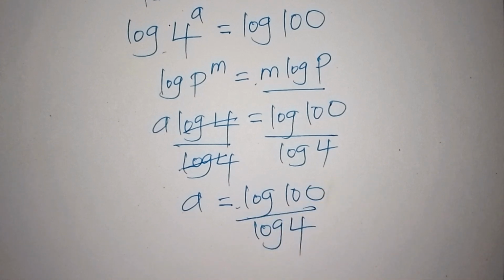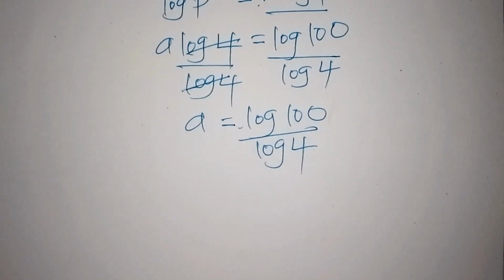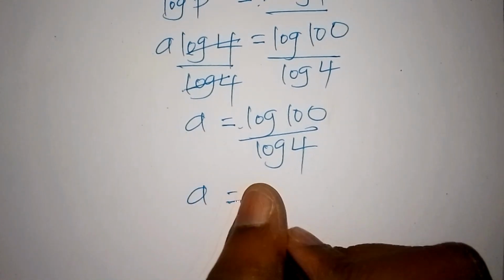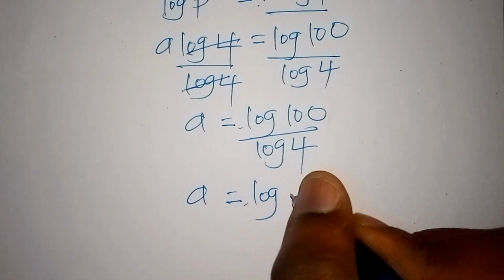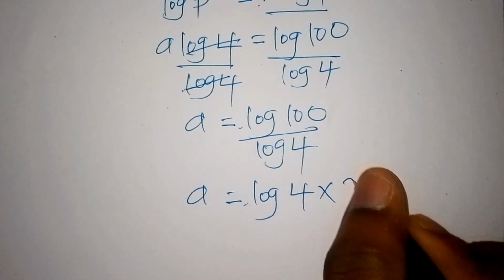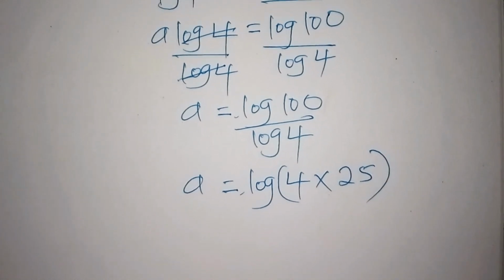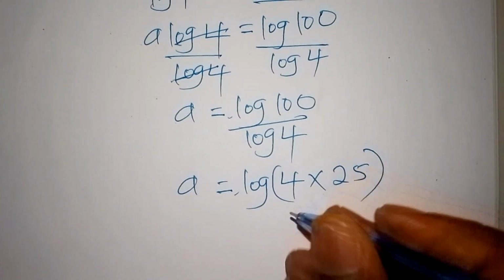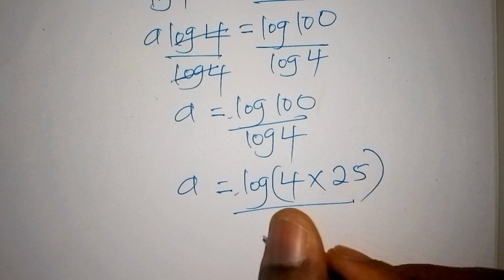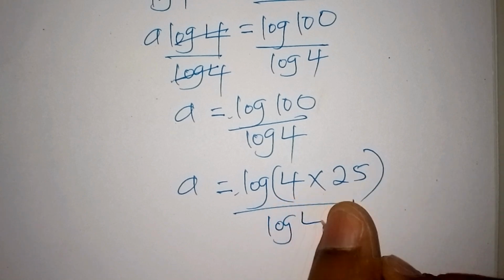So that is not the answer. We can still go ahead and simplify this particular answer. So now we shall have a is equal to the log of 100, which can also be written as the log of 4 multiplied by 25, all over the log of 4.